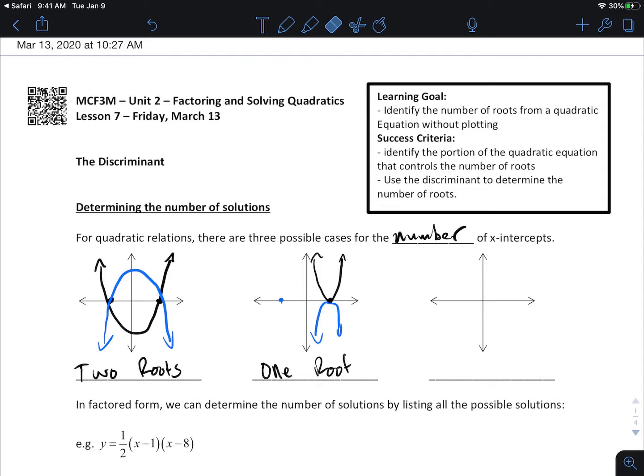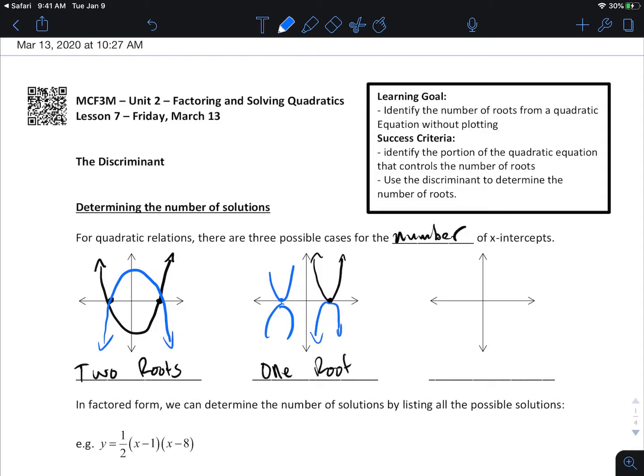Right? So you could also have this. It could be anywhere along here, right? Could have one solution. The point is what? The vertex, the maximum or minimum value, is on the x-axis. That's what matters. That's what's important.